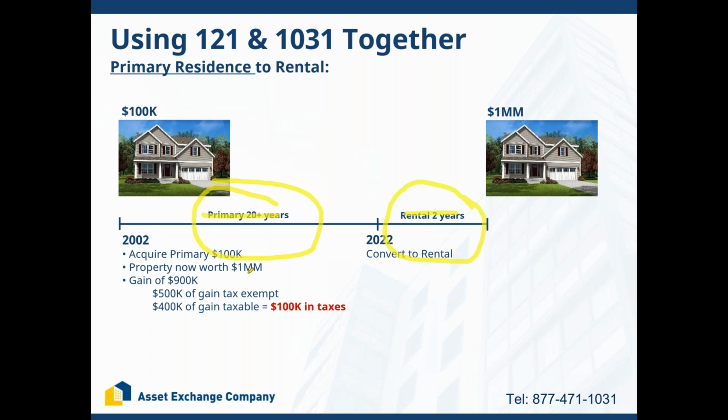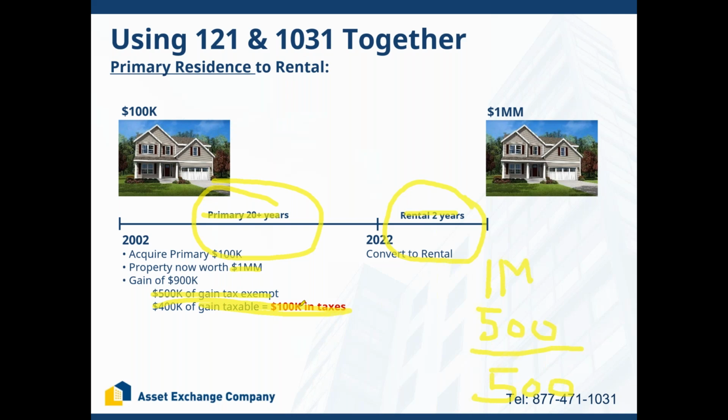The way that that works is that you will sell the property for $1 million. The first $500,000 of gain comes out tax-free. That leaves you with a value of $500,000 that you can conduct a 1031 exchange on and defer all of the remaining tax liability.